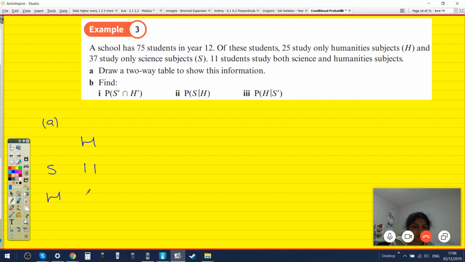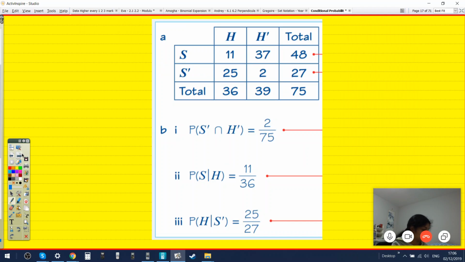Sorry, 25. And then there's 37, which is only science. Then because there's 75, you can just subtract to find the last value, which is 2.